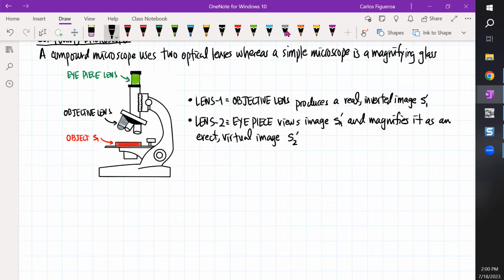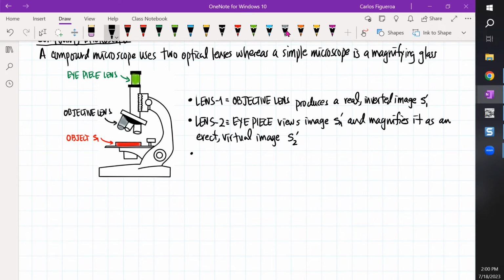Now we gotta be careful with the language. The image of the object is inverted. Lens 2 doesn't create an erect image, it keeps it inverted.